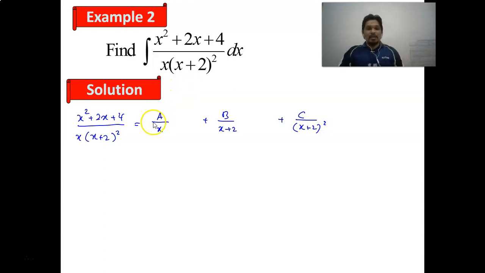If this is the case, with x and (x plus 2) squared, it is a repeated linear factor.